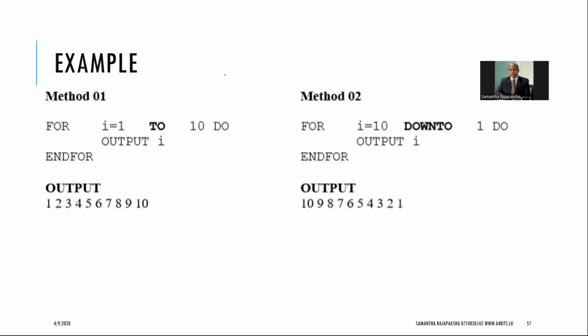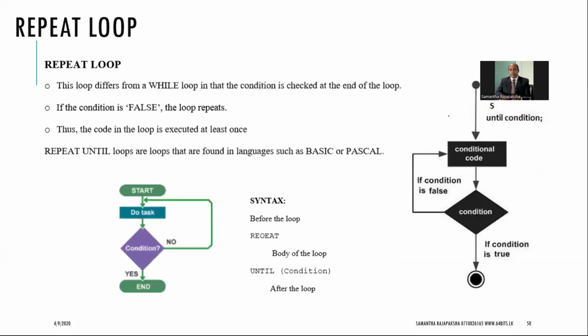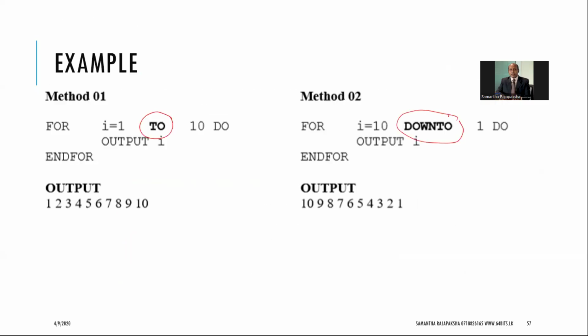It is reduced by 1 because it is a down to. The difference is here it is going from 1 to, and this one is down to. Down to means reduced by 1. So the structure of the for loop will be the same.